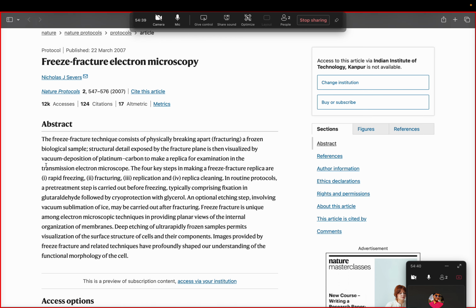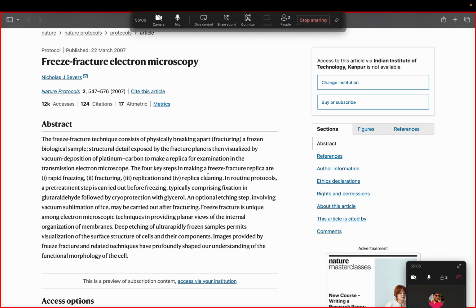So I'll just go through the abstract so you guys have a little bit of an idea about this type of technique. The freeze fracture technique consists of physically breaking apart, fracturing a frozen biological sample. Structural detail exposed by the fracture plane is then visualized by vacuum deposition of platinum carbon to make a replica for examination in the transmission electron microscope.